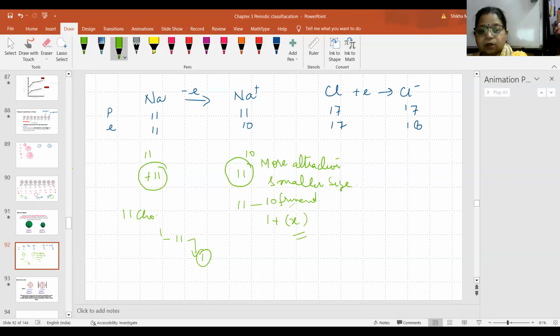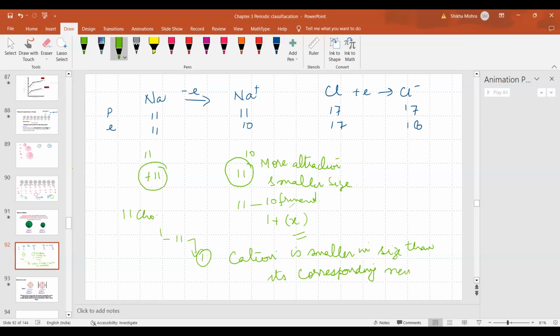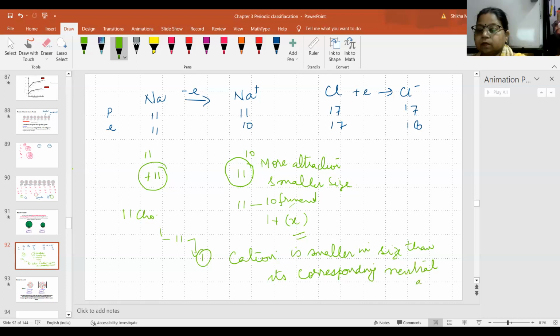So what we can conclude is that cation is smaller in size than its corresponding neutral atom. Is it clear?